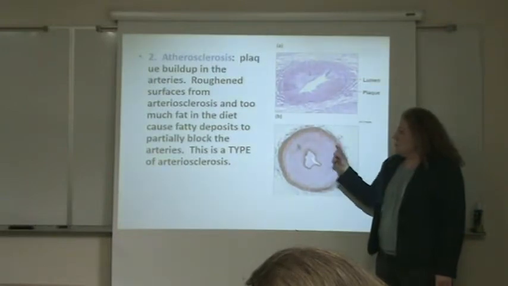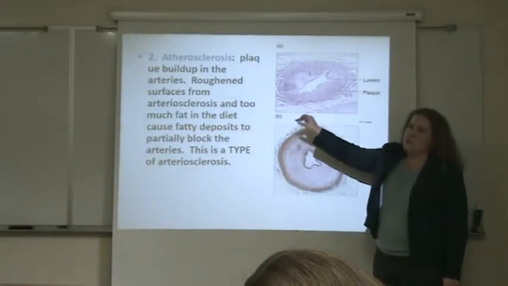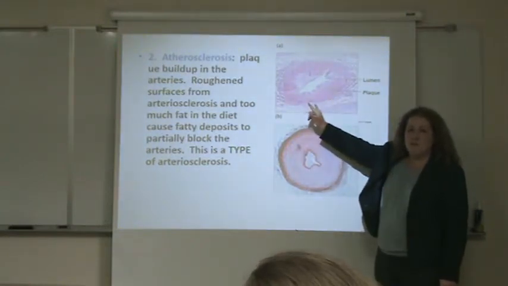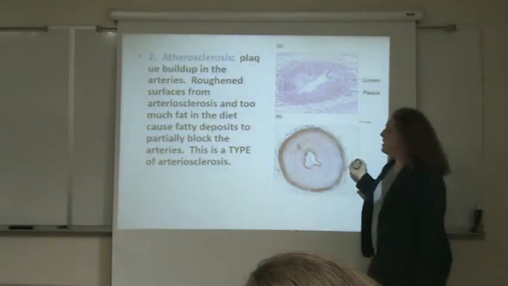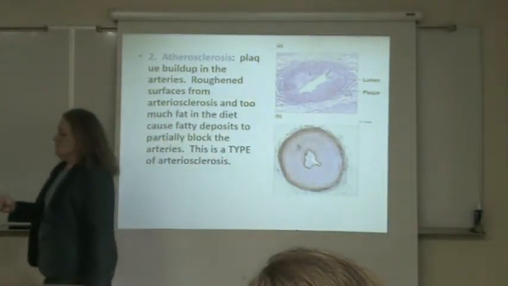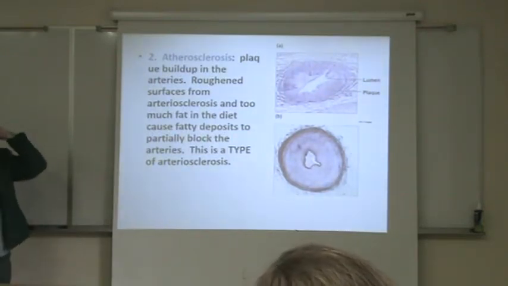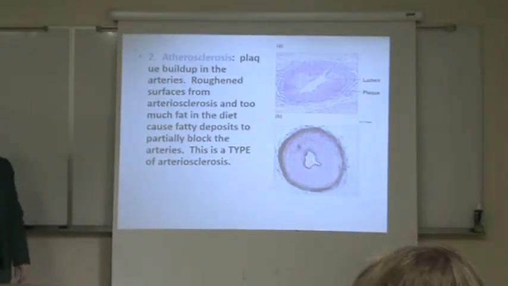So usually, if you have atherosclerosis, you also have arteriosclerosis, but those are two separate things. Be watching for that. Athero, arterio, they're not the same. And both of them have the effect of causing your blood to be under even more pressure.